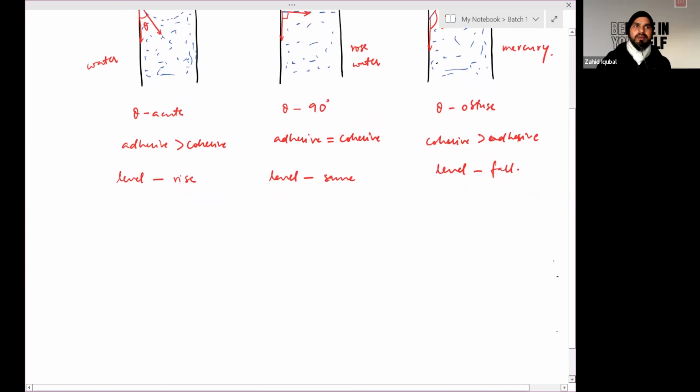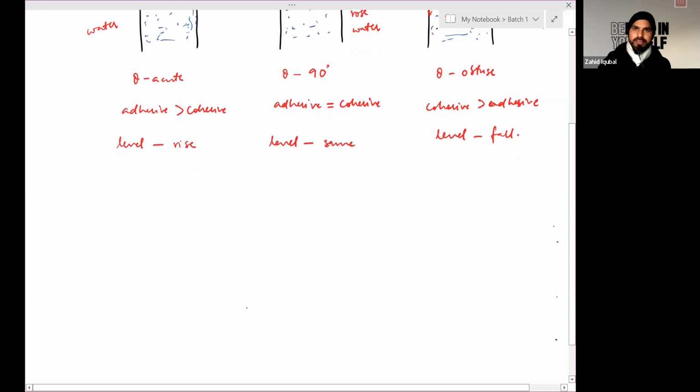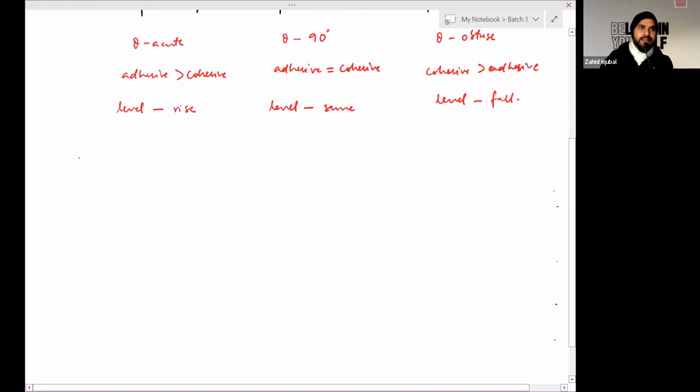Now, let me calculate how much the level of liquid will rise or fall in a capillary tube when it is dipped in any bath.